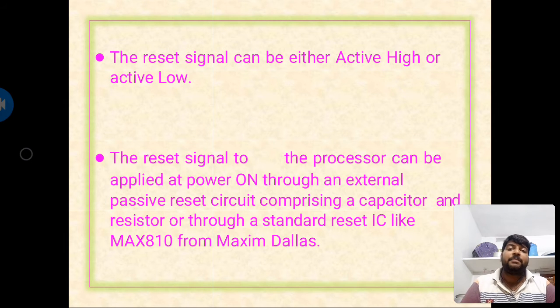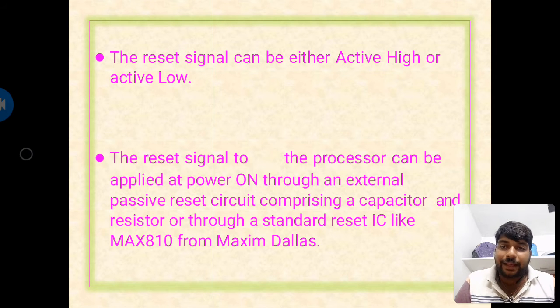The reset signal to the processor can be applied at power on through an external passive reset circuit comprising a resistor and a capacitor, or through a standard reset IC like the MAX810 from Maxim Dallas. This is an external circuit added to your system.